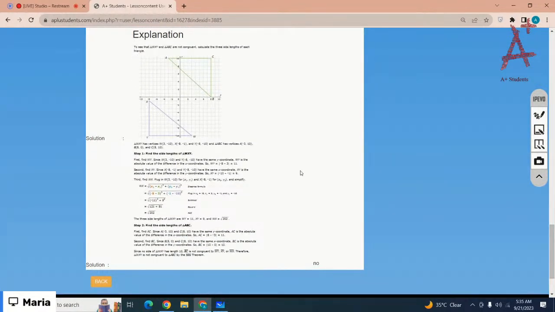So you have to calculate the side lengths of triangle WXY and the side lengths of ABC.